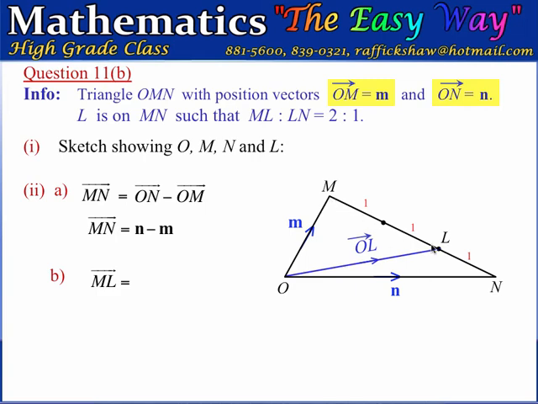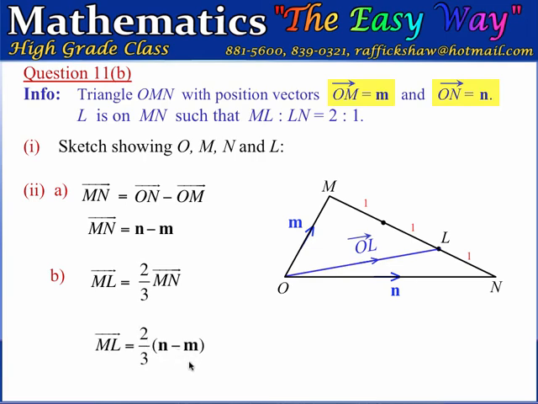And since ML and MN are in the same direction, it means that the vector ML is equal to 2/3 of the vector MN. And we know the vector MN is n minus m, and therefore the vector ML here will become 2/3 of n minus m.